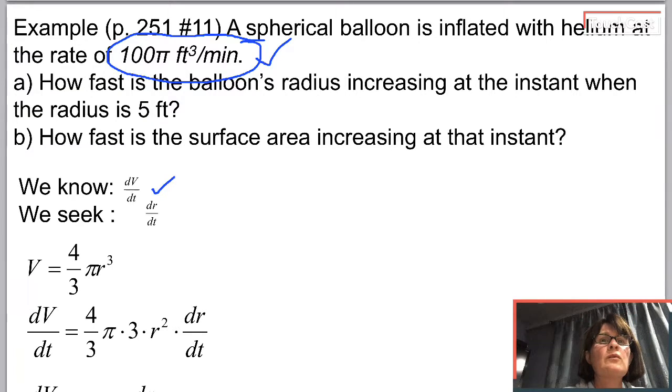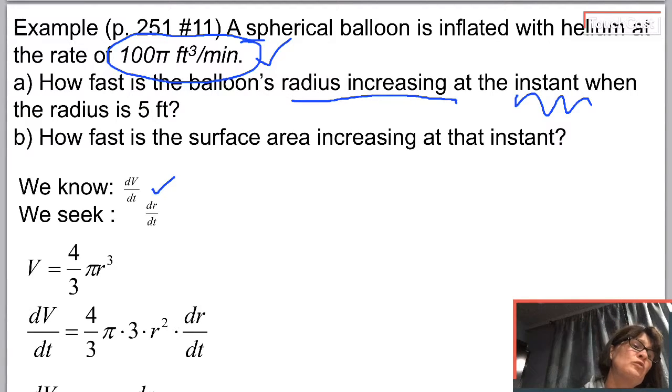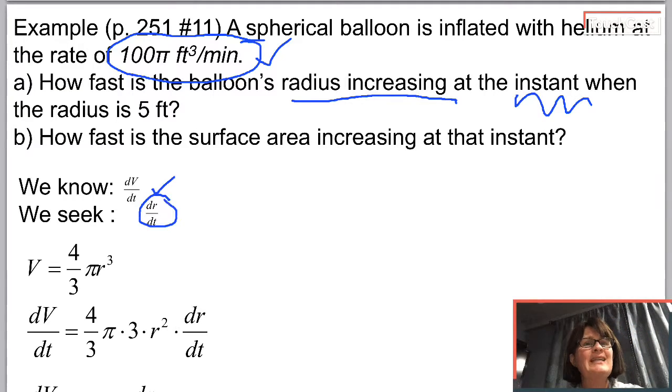And so for question A, how fast is the balloon's radius increasing? The rate at which the radius is increasing at some time is going to be the derivative of the radius with respect to time, so dr/dt. So I've written down a note. We need to figure out dr/dt.